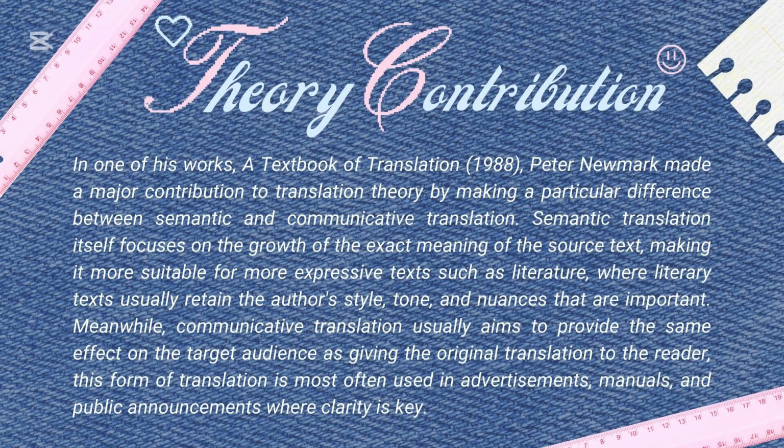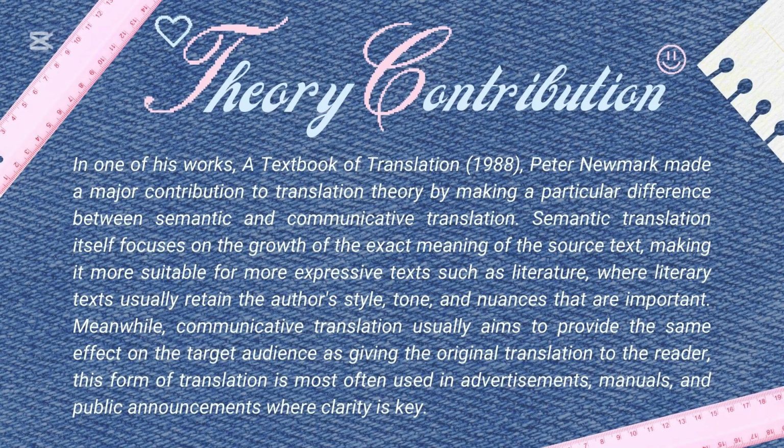Contribution. In A Textbook of Translation, 1988, Peter Newmark distinguishes between semantic and communicative translations. Semantic translation prioritizes the precise meaning of the source text, making it ideal for expressive work like literature that preserves the author's style and tone.